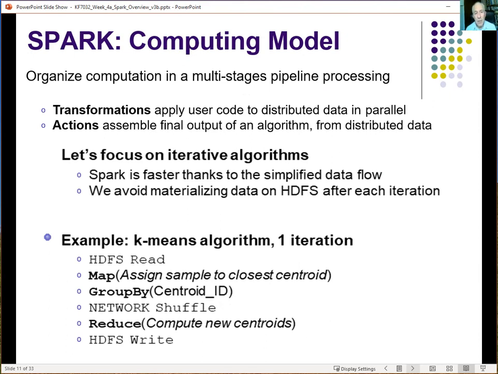So what is in the computing model? What do we actually need to know? Well, generally, most of the methods may be defined as either transformations. So remember, we're going back to earlier weeks. We met ETL, extract, transform, load.